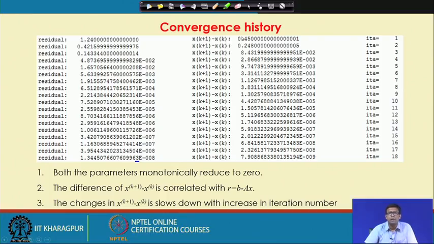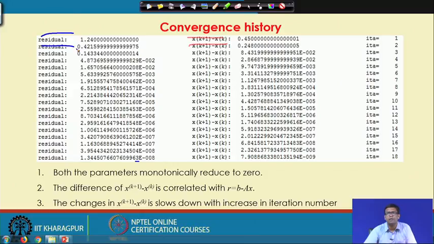Now, you can make a few observations. Both the parameters, x^(k+1) minus x^k and the residual, monotonically reduce to 0. These are the L infinity norm, that is the largest component of the vectors.